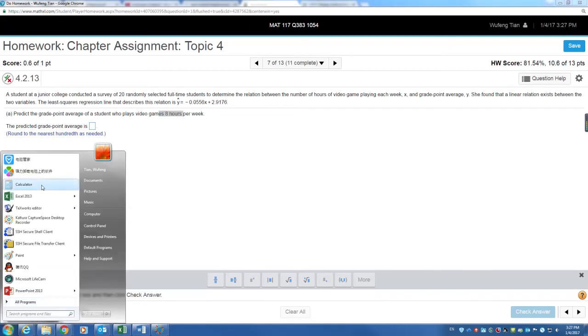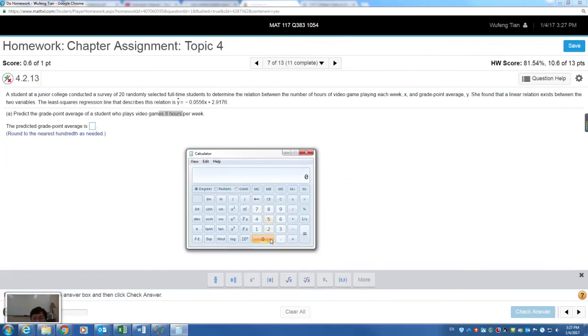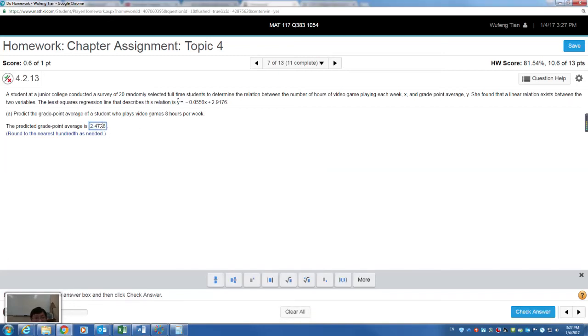You just need to plug x into the equation: negative 0.0556 multiplied by 8 plus 2.9176 equals. This is going to be the y value. So copy that and paste it here. Basically, plug 8 into x and solve for y. Plug in x equals 8, find the value, which is 2.47, and that's right.